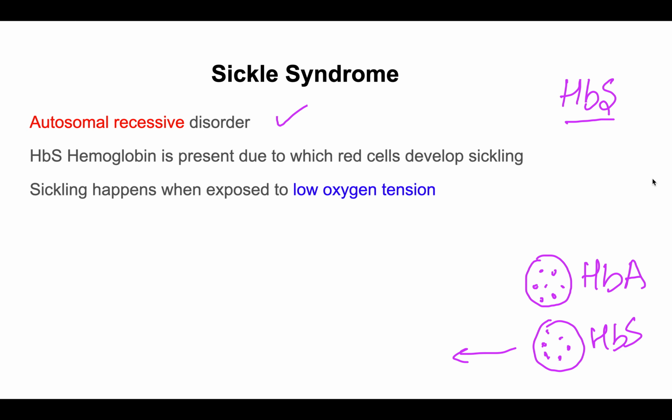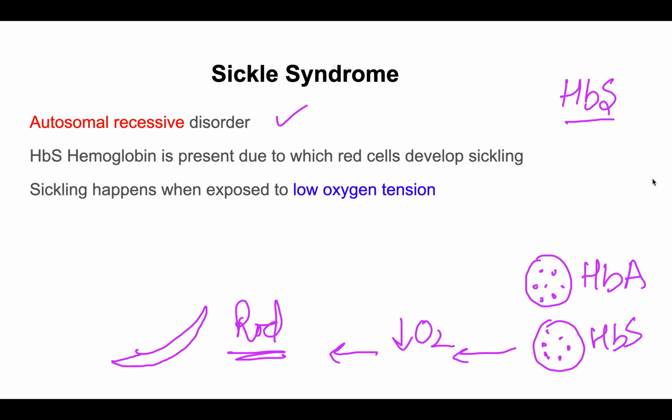Whenever the oxygen saturation falls, this HbS converts into a rod-like structure, and because of this, the normal biconcave shape of the RBCs cannot be maintained. There is sickling of the RBCs. So mostly the sickling happens when the patient is exposed to low oxygen tension.